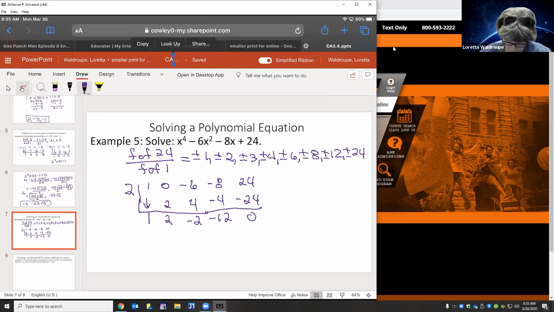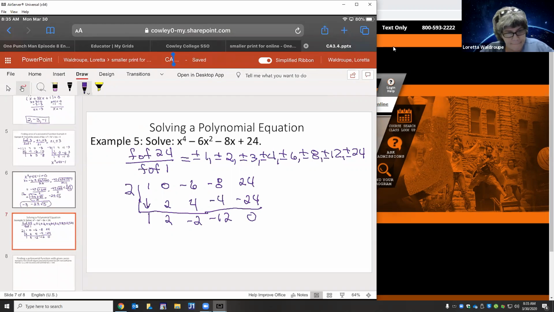And I got lucky and found a 0 right off the bat. Now, if you were to graph this in the calculator, you would see that at 2, it touches the x-axis and turns. That means it's a solution twice.